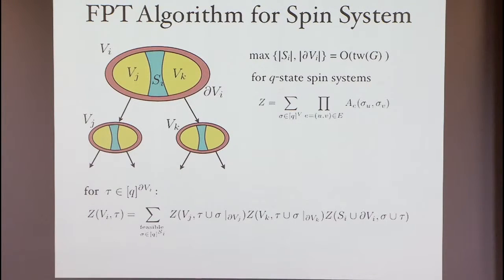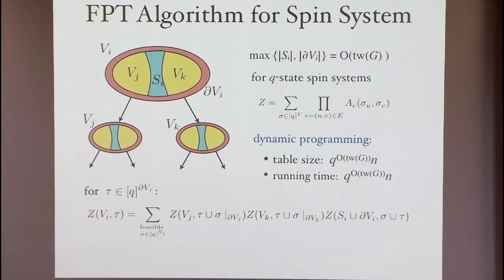So with small tree width, this enumeration is efficient, and also this recursion can be implemented as efficient dynamic programming. So that explains why tree width helps counting in models with such local Markovian properties like spin systems.